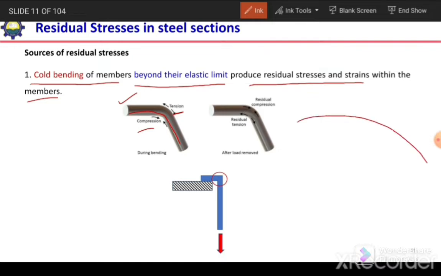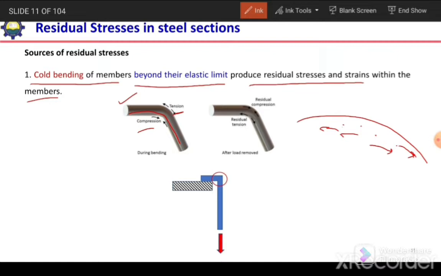For example, this is the outer edge, and here we have, say, four particles: the first, second, third, and fourth particle. During bending, these particles will move in this direction, because on the outer side there will be tension.